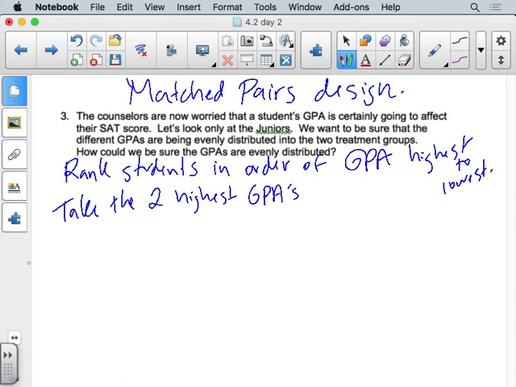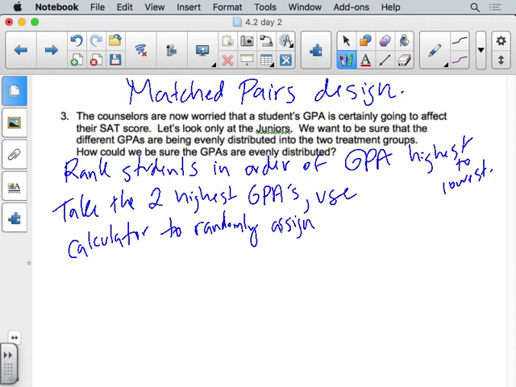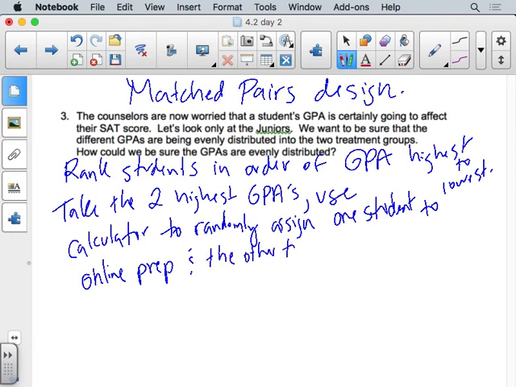So take the 2 highest GPAs, maybe I'll say calculator. Use calculator to randomly assign one student to online prep and the other to classroom.